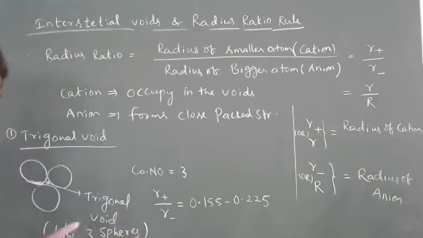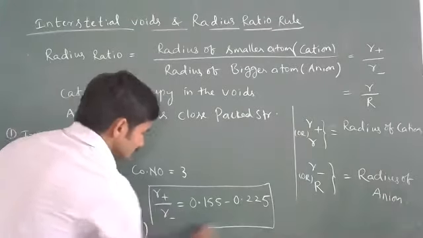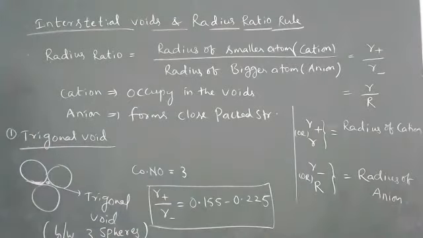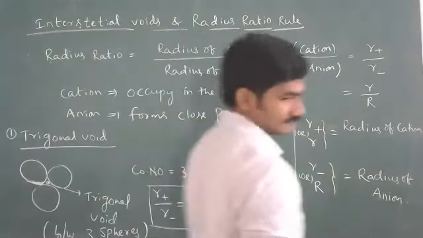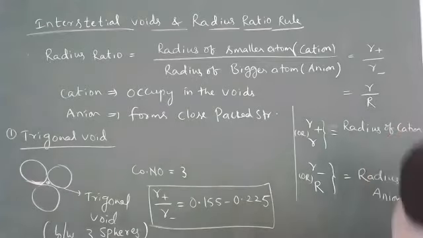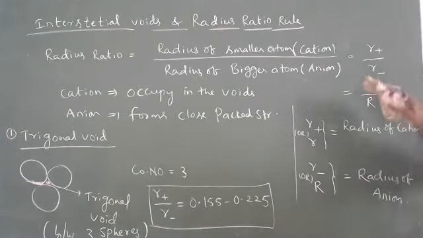Not 6, it is 3 only: 1, 2, 3 atoms only. So the radius ratio value of the trigonal void is 0.155 to 0.225. Shall I rub this? Did you write this?